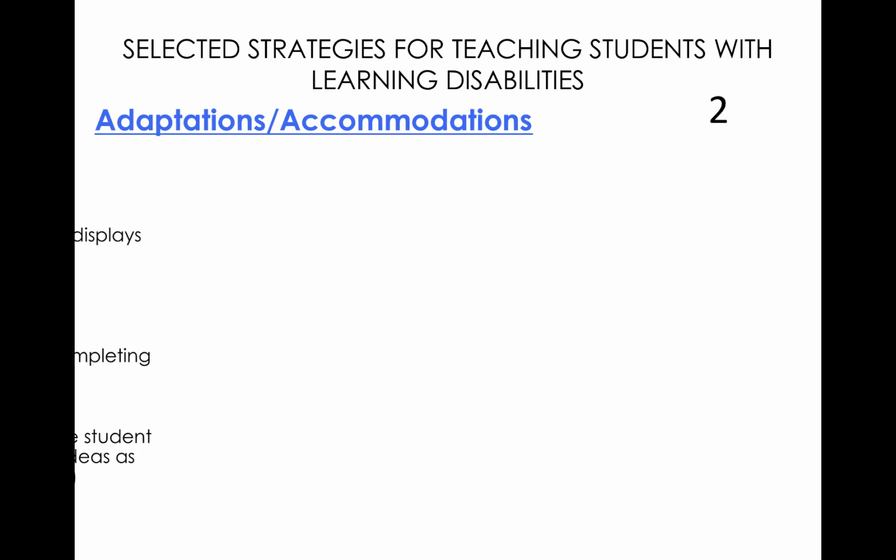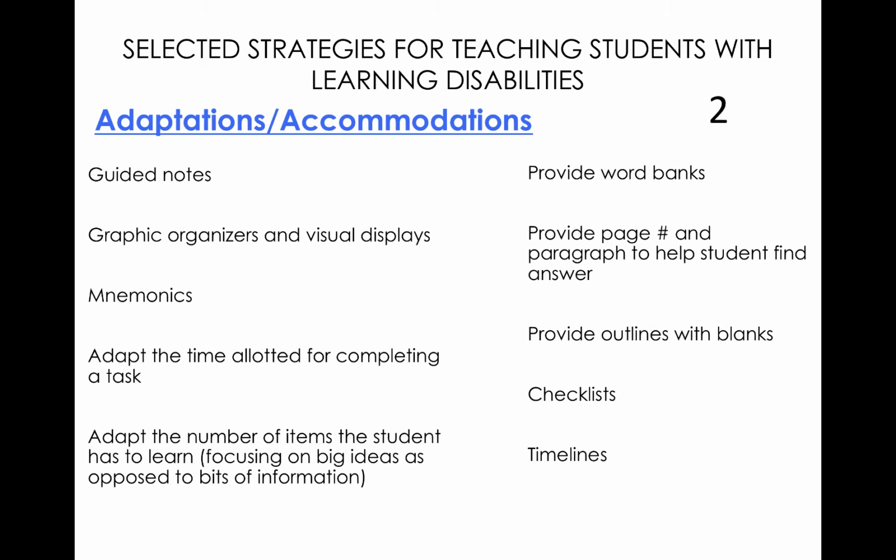The second way of supporting students with learning disabilities is to provide them with some sort of adaptation or accommodation. And these adaptations or accommodations can include providing them with guided notes, so they're not having to copy everything from a lecture, but more so they're focusing on very specific information, providing them with graphic organizers or visual displays to organize their thoughts and ideas, providing mnemonics that will help to anchor the information that they have to remember.